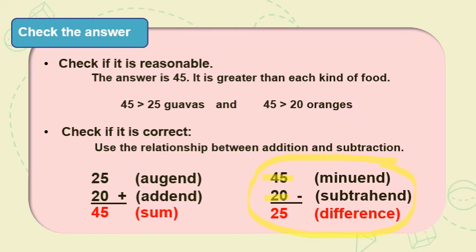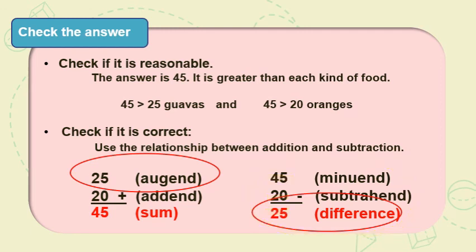Now compute. 45 minus 20 is equal to 25. Now 25 is the difference. Look at the comparison. It is the same, it is equal to the addend. It means that the answer is correct.